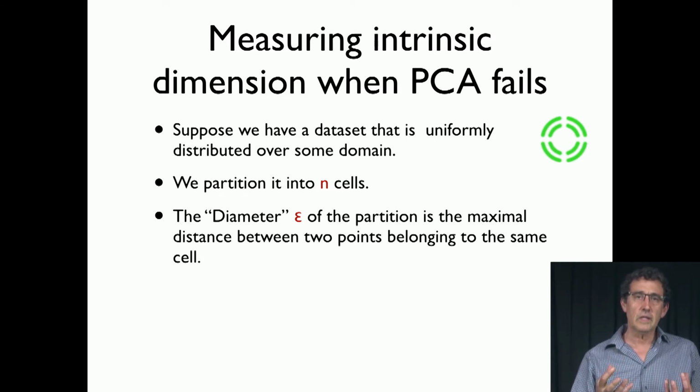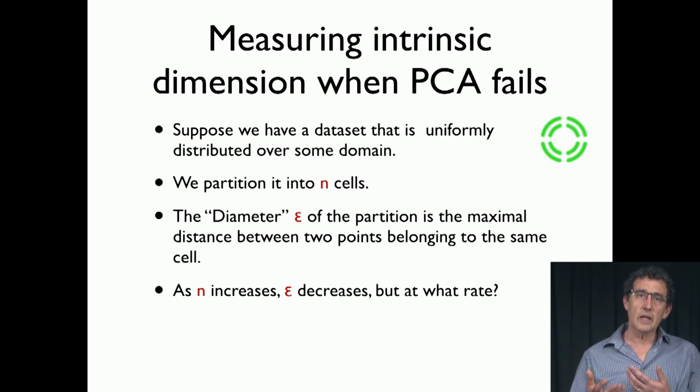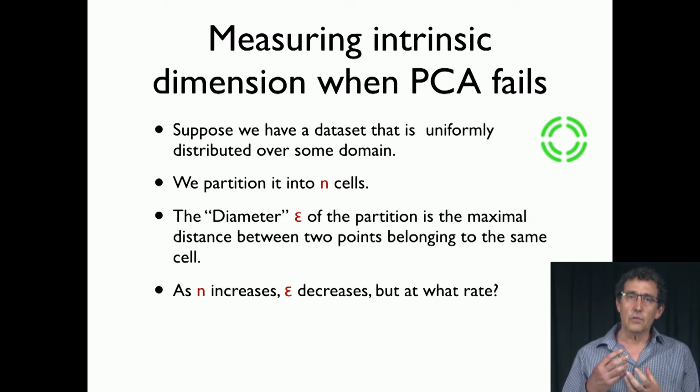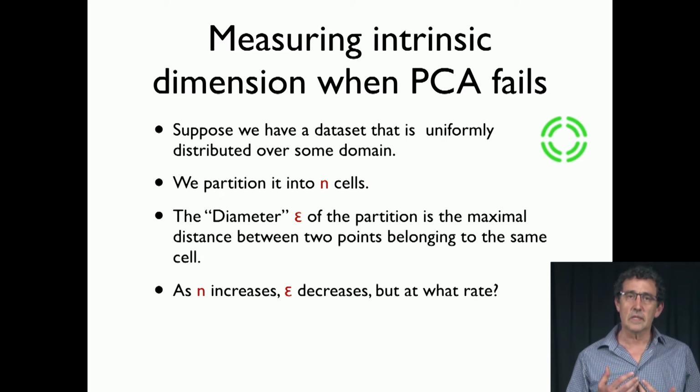So we're looking for a partition such that all of the cells have small diameter, and on the other hand, that we just have n cells. Of course, as we allow n to increase, epsilon, the diameter, would decrease. But at what rate? That's the critical question. If we have different dimension sets, we'll see that epsilon decreases at different rates.